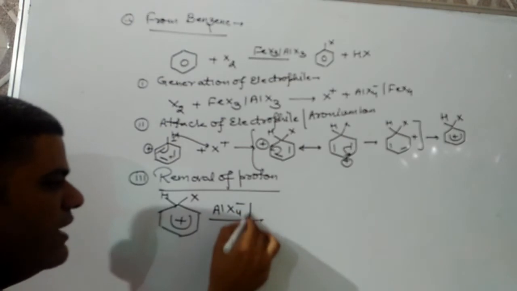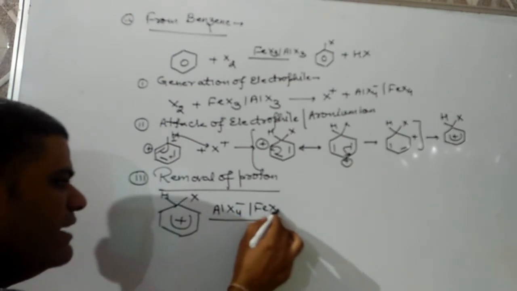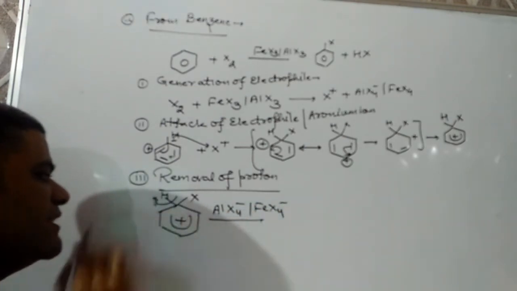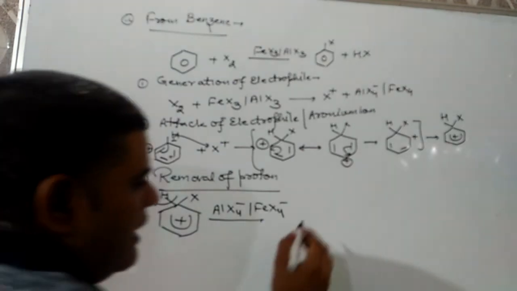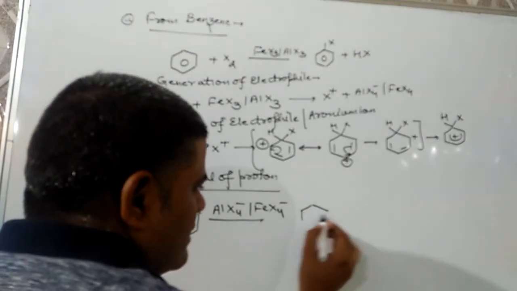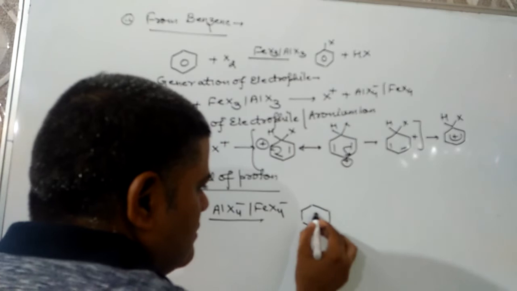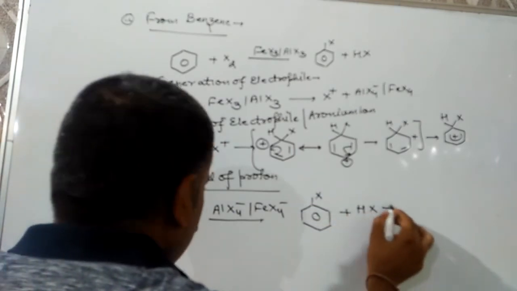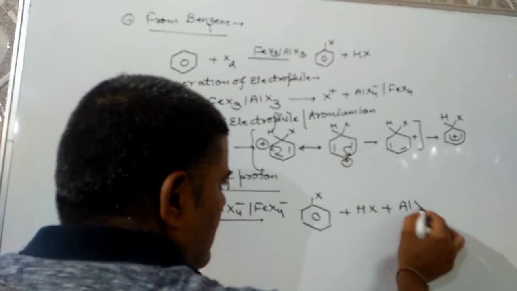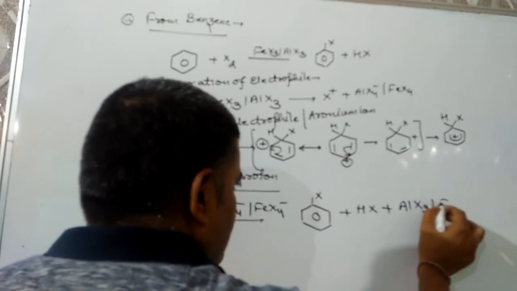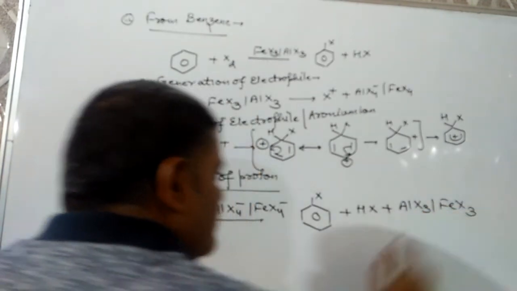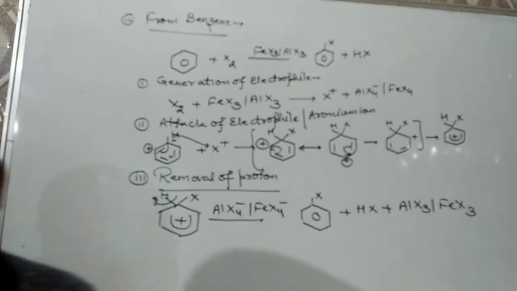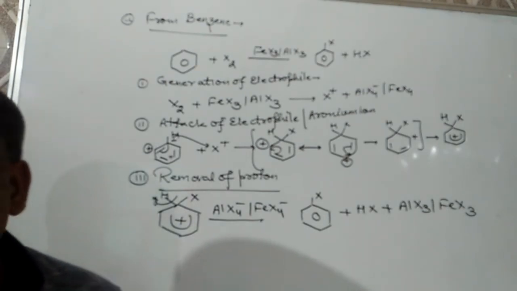AlX4 negative or FeX4 negative attacks, due to which this H positive ion gets removed and we will get haloarene as a product. And AlX3 or FeX3 is regenerated. This is all about the mechanism of halogenation of benzene and its derivatives.